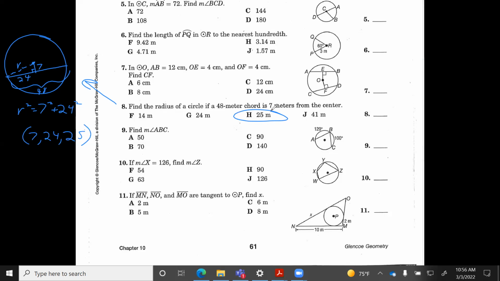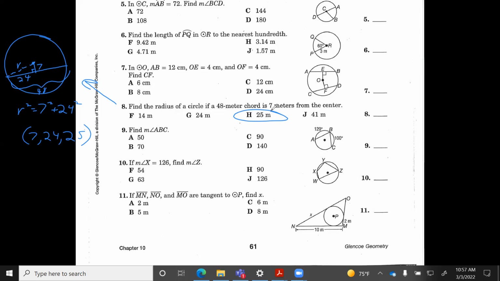Because when I drew my diagram, the radius was my hypotenuse, which has to be the longest piece of that triangle. So the 24 was out. The 14 was definitely out. So I only had those 2 at the end that would have possibly worked. Now, if I drew it to scale like I did here, hopefully you'd see that it couldn't possibly be 41 either. Right? So on there, 25 was the only one that was within a range that made sense.